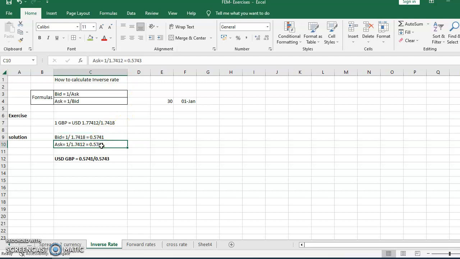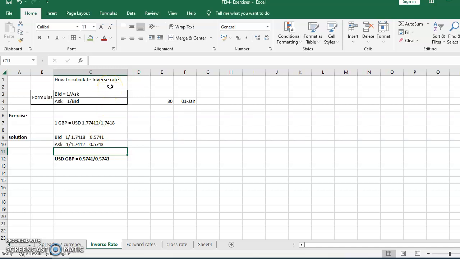In the same way, if I have to calculate the inverse rate of the ask, the formula used is 1 divided by bid. So we write 1 divided by 1.7412, which is the bid rate. Now this gives us the answer 0.5743.